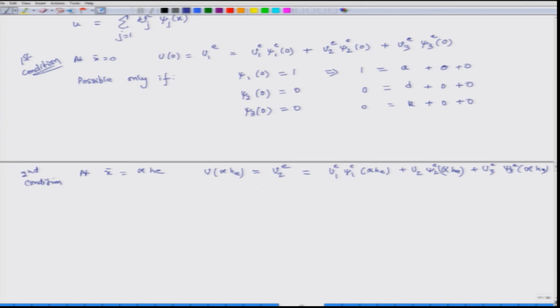So, this is going to be possible only if psi 1^e at alpha h^e, when I calculate that, is equal to 0, psi 2^e at alpha h^e is equal to 1 and psi 3^e at alpha h^e equals 0.